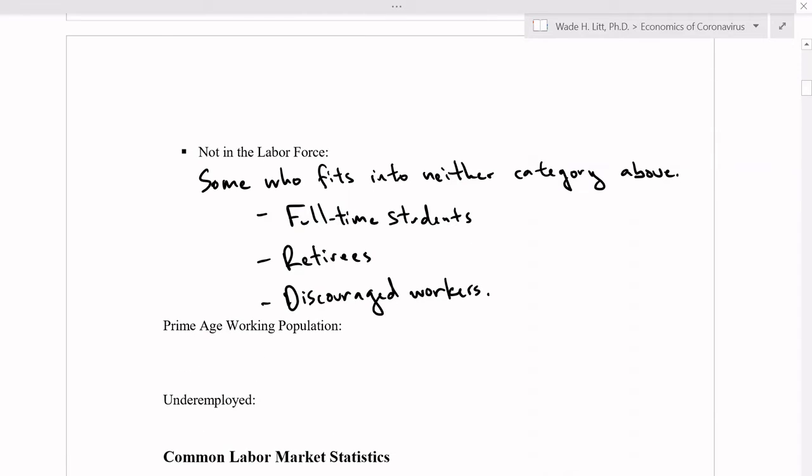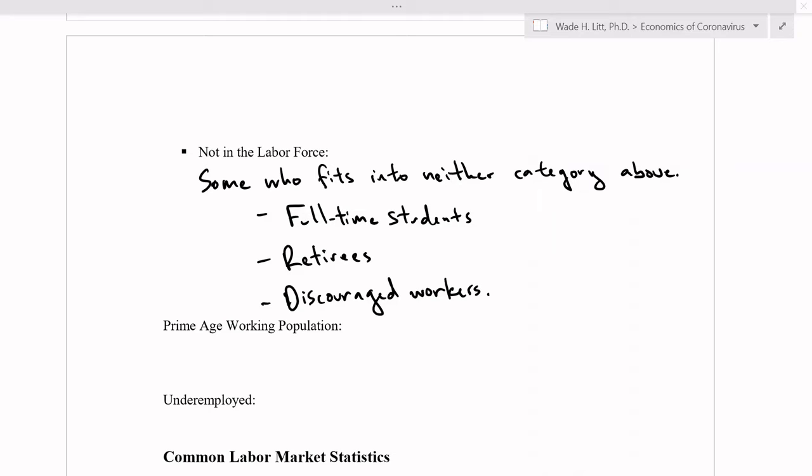Okay, and then moving on from there, we can talk about the unemployment statistics by the entire labor market, or we can break it down into the prime age working population, which is sometimes done.